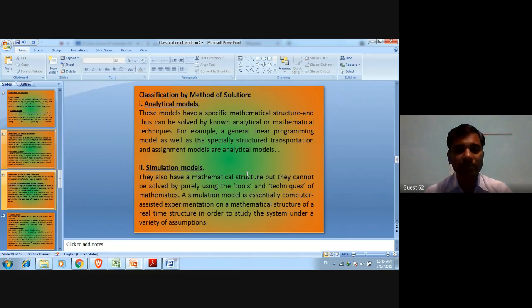Similarly, the mathematical tools are used, but not purely. You also have to make some assumptions. Suppose you have to know whether there is any conflict between the employees and the top management of your organization.